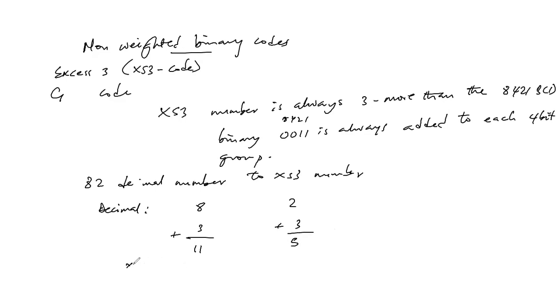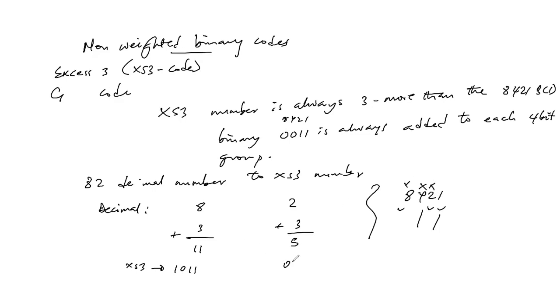So the excess-3, which is a special BCD code, will now be for 11. Recall 8421. So for us to get 11, it means 8 plus 2 is 10 plus 1. So that will be 1011. Why for 5? 4 is turned on, 1 is turned on, 2 and 8 are turned off.